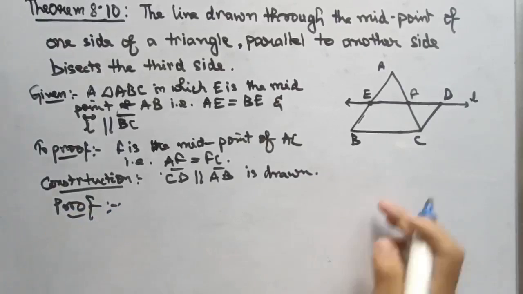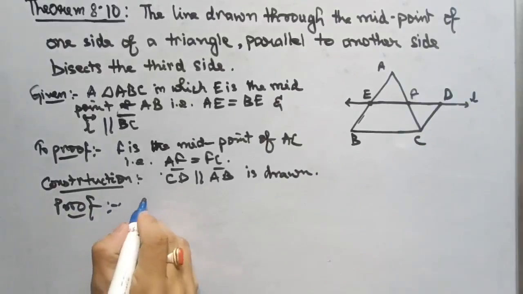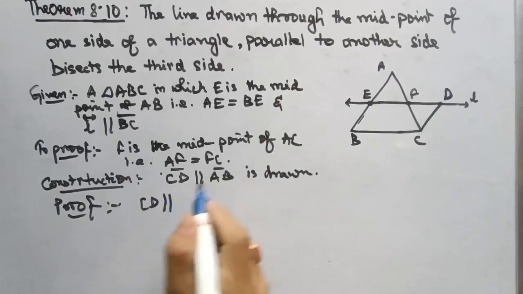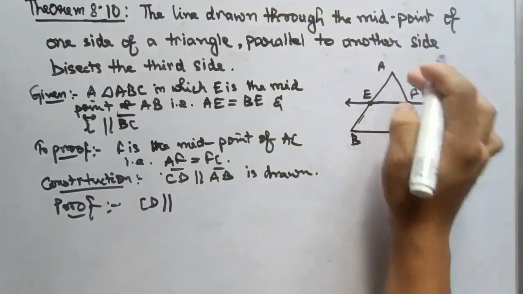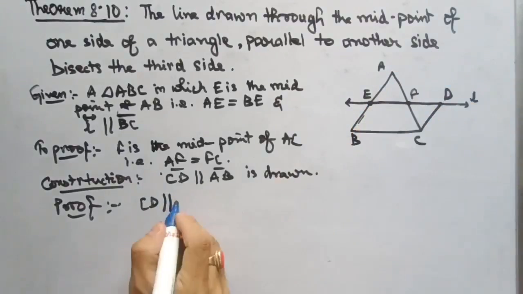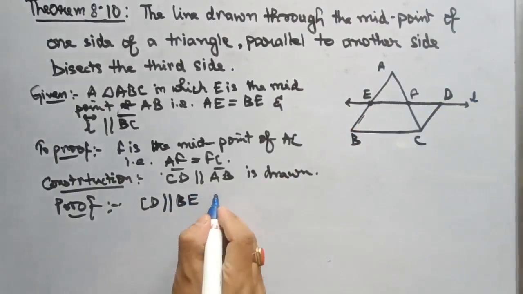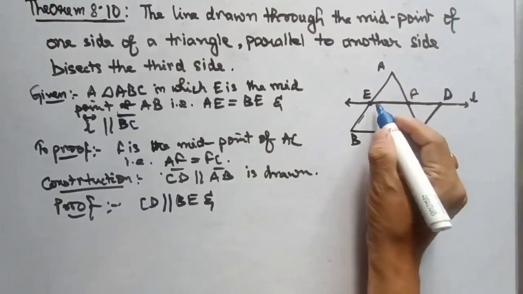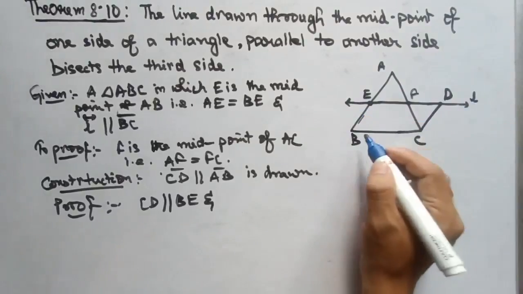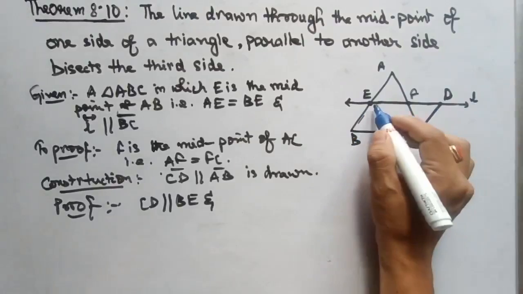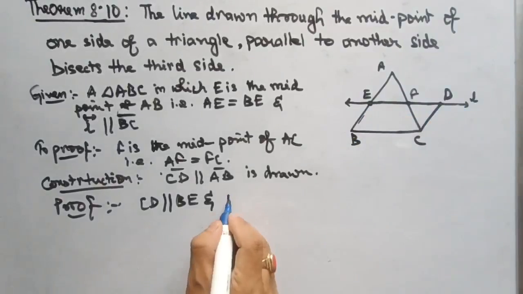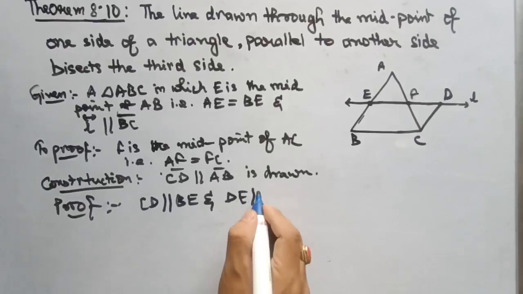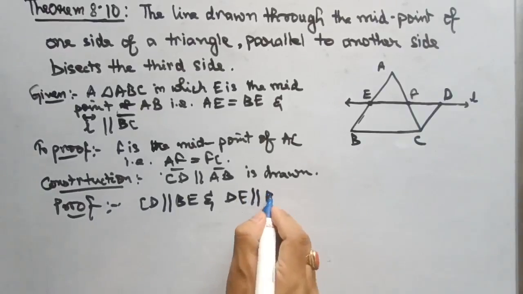From construction, we know that CD is parallel to AB, that is CD is parallel to BE by construction, and the line L is also parallel to BC, that is ED, or DE, is parallel to BC.